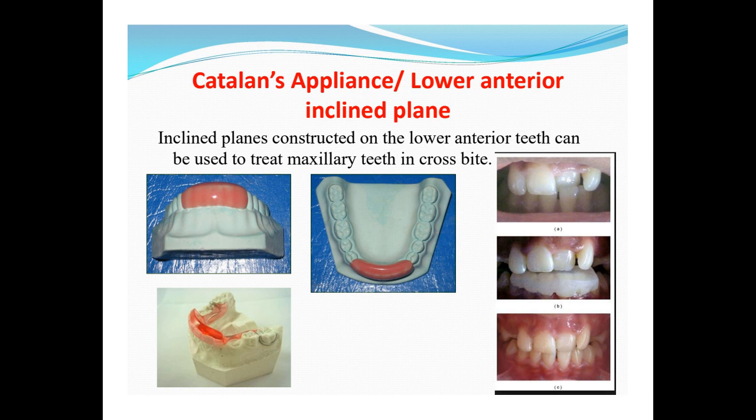It is in the reverse direction. So it is called as crossbite. It is a very commonly seen clinical condition when the incisors are not erupting in the proper position. You can correct it very easily by giving this Catlan's appliance. As you can see in this picture, this is the Catlan's appliance placed. So what happens gradually over 1 to 2 weeks, the anterior crossbite gets corrected.